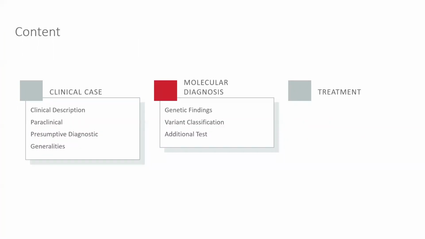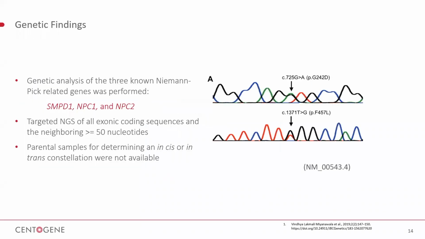So moving on to discuss the molecular findings of our particular case that was presented. We did genetic analysis of the 3 genes, since at this time just Niemann-Pick was suspected and not necessarily one particular type. And we found 2 variants.